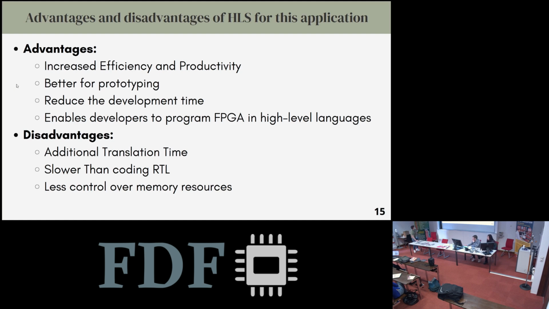HLS let me write this module, this port, in around two months. So I think, okay, how much time would it take me to write this code in VHDL? And I think it's a lot of time.